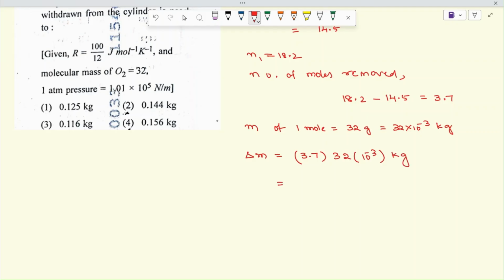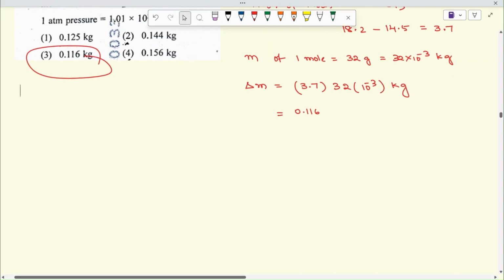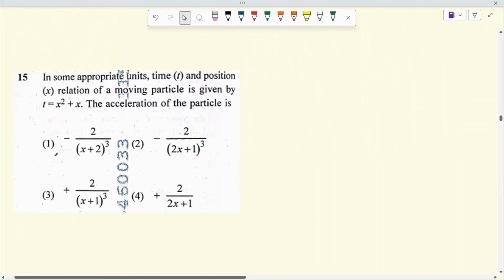So, the nearer value will be 0.116, around 0.1156 it will come, which is third option. Right, going to the next question, 15.